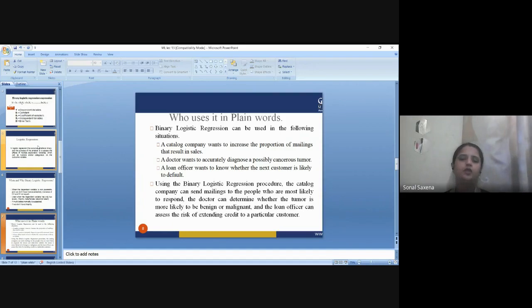Using the binary logistic regression procedure, the catalog company can send mailings to the people who are most likely to respond, the doctor can determine whether the tumor is more likely to be benign or malignant, and the loan officer can assess the risk of extending credit to a particular customer. So these are some of the situations where we can use logistic regression.